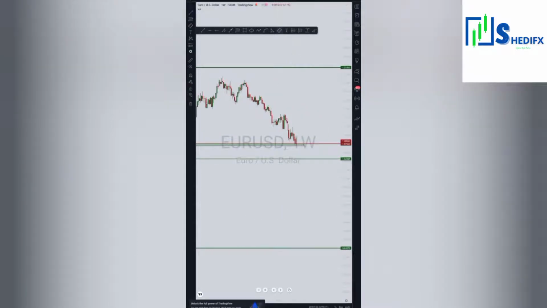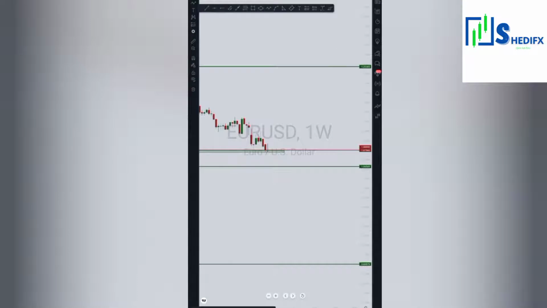Let's go to our daily time frame to see what we have. Mind you, on the weekly time frame, this is what we are looking out for.